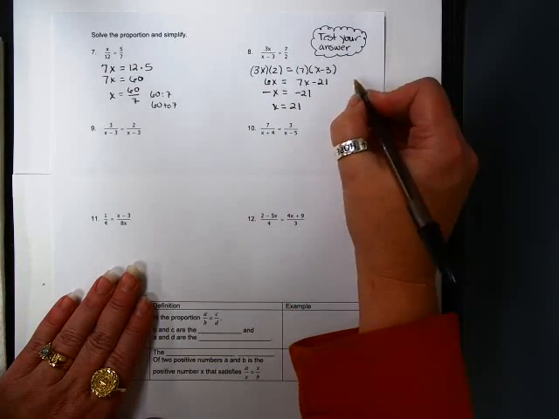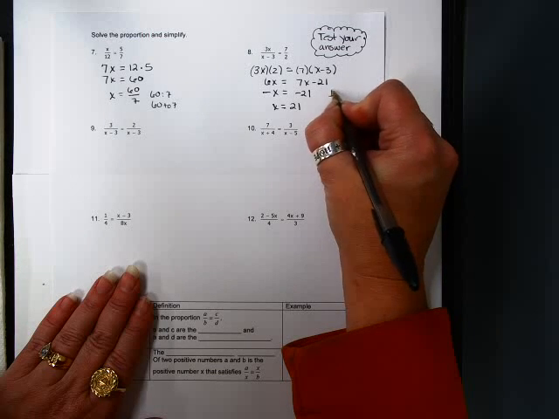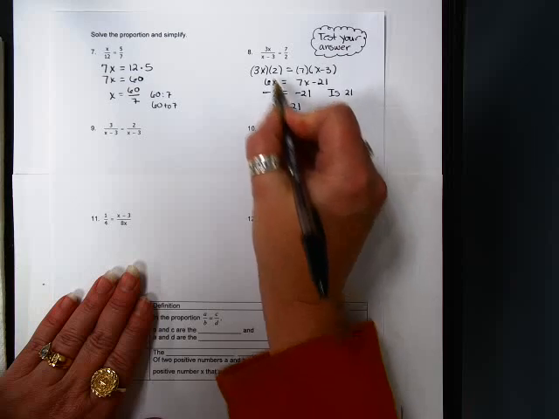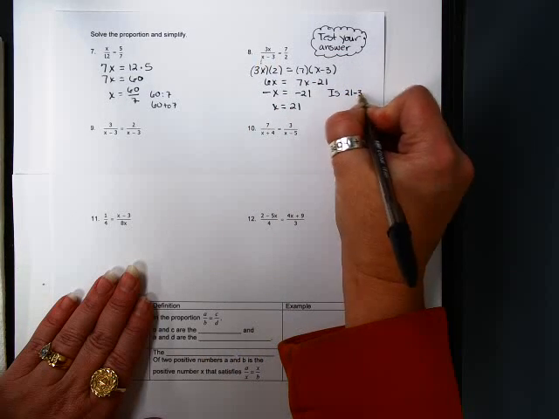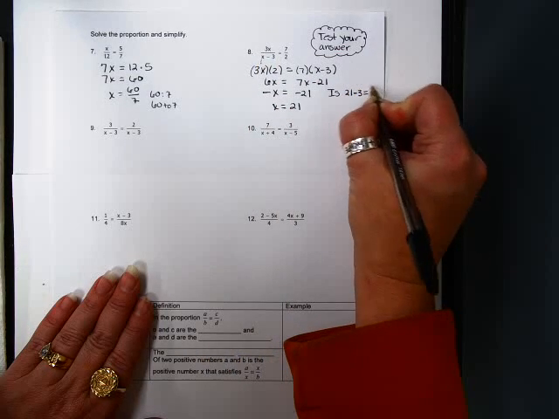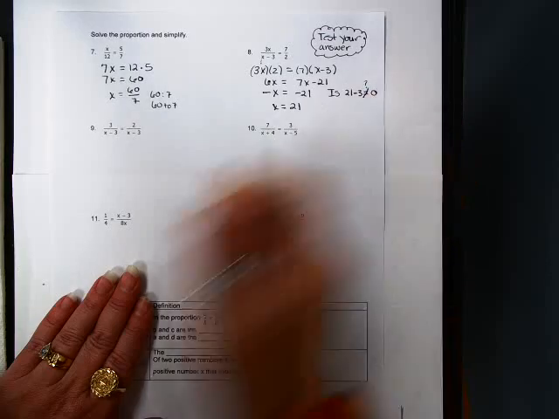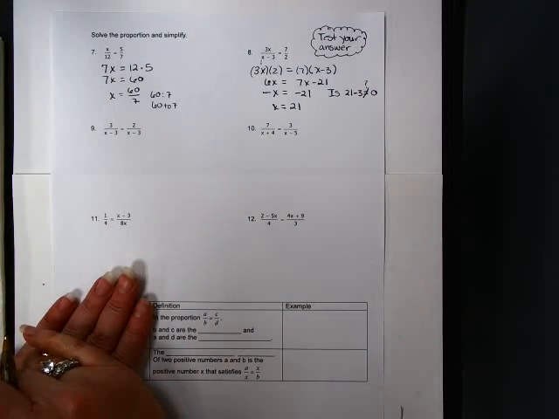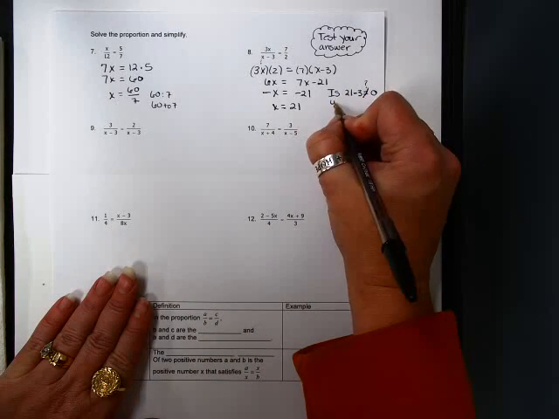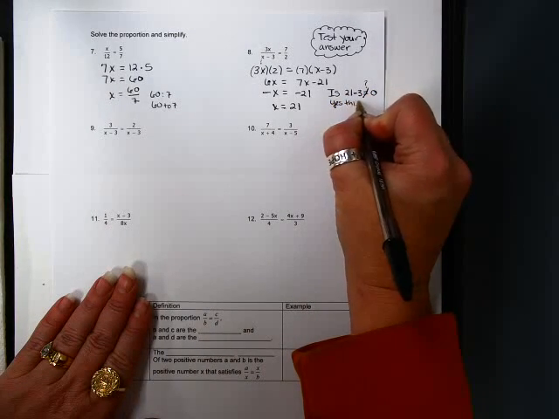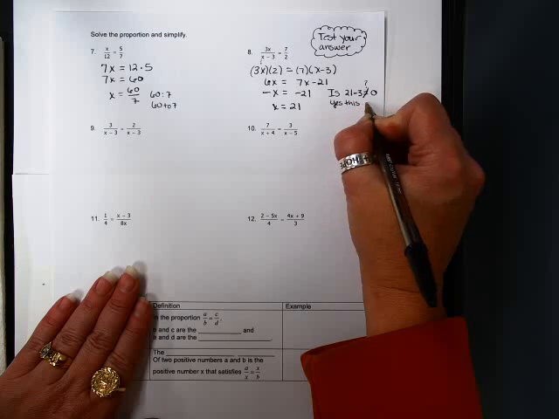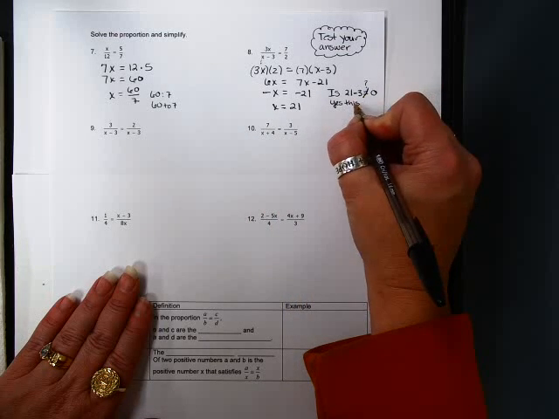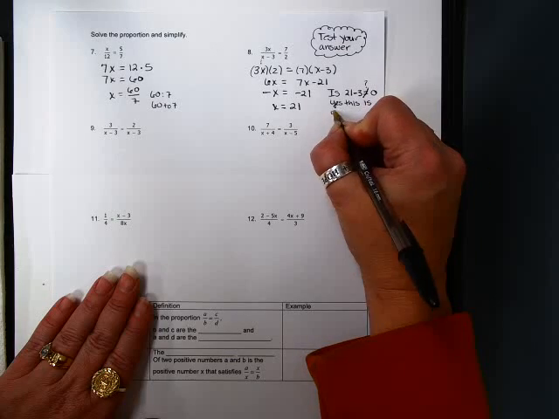Well, is 21, plugging that in here, minus 3, does that equal 0? Nope. 21 minus 3 definitely does not equal 0. So yes, this is a proportion and it is a solution.